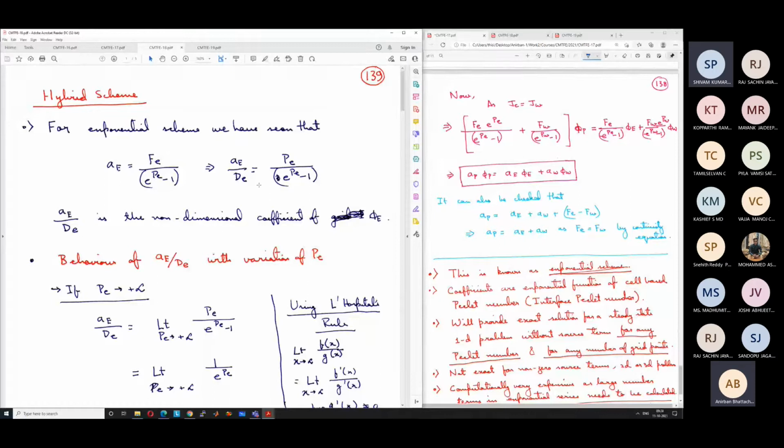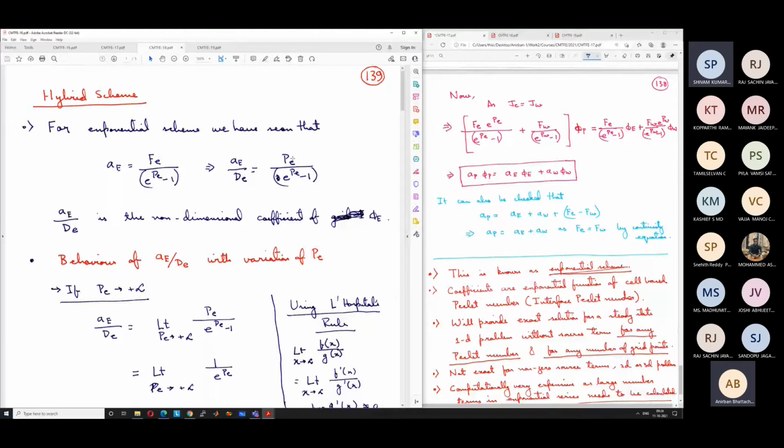So what is Fe by D? It is the Peclet number at east interface. So p by e to the power p minus 1. Because Peclet number is non-dimensional, p by e to the power p minus 1 is non-dimensional. So A by D is known as the non-dimensional coefficient of phi e.